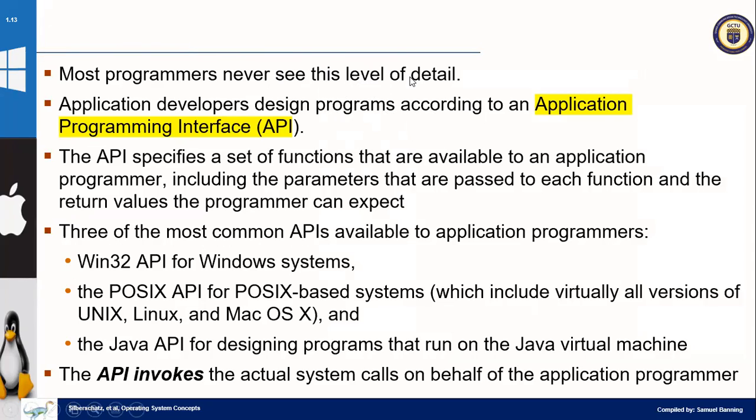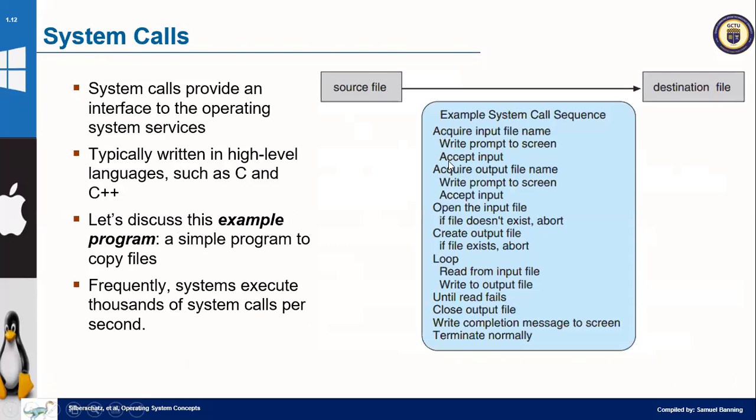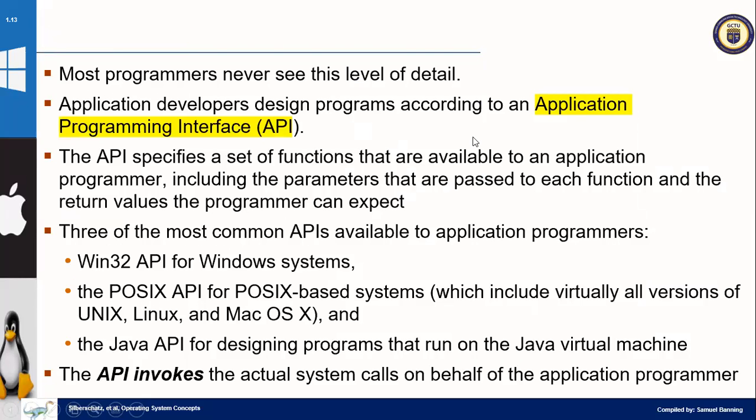Why? Because as a programmer, you don't need to know all these system calls. Imagine if you have to write a program and you must be concerned with all these system calls. You can't. So there are some interfaces that are created by other third-party vendors. These interfaces are called the Application Program Interface, simply API.